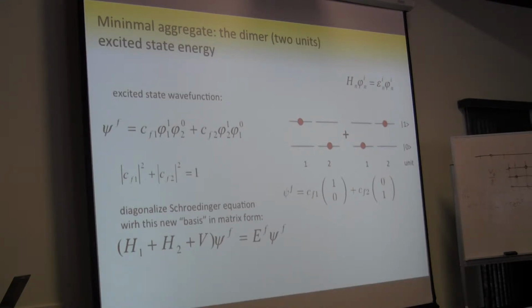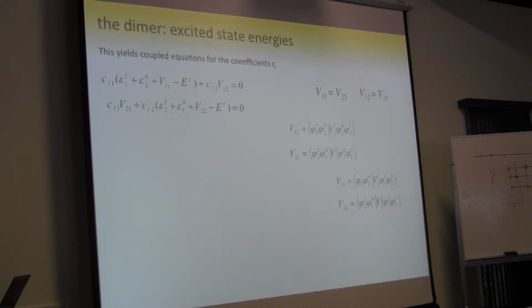And if you do that, then you get the normal Schrödinger equation with the same, of course, operators, the individual Hamiltonians and the interaction energy, and get the new energy. And to get the new energy, you know how to do that. You have to essentially take the determinant of this matrix, and here is then the matrix element, the diagonal one, with the 2 individual energies and the expectation value of your interaction energy with molecule 1.